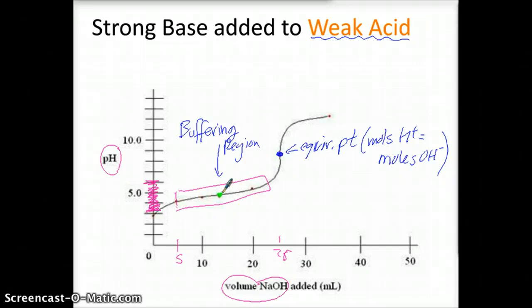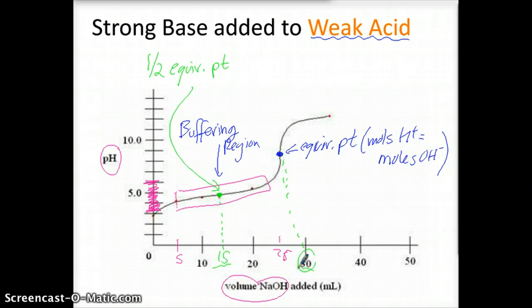If you notice, the volume here is about 15. The volume here is about, it's a little bit off, about 30. This is half the volume. This particular point is called the half equivalence point because you've added half the moles of base that are needed, because you've added half the volume.